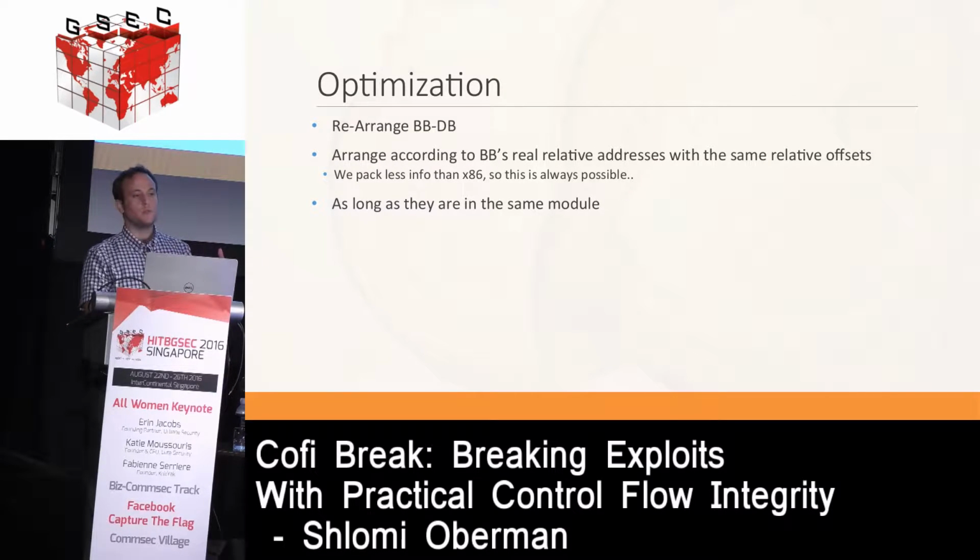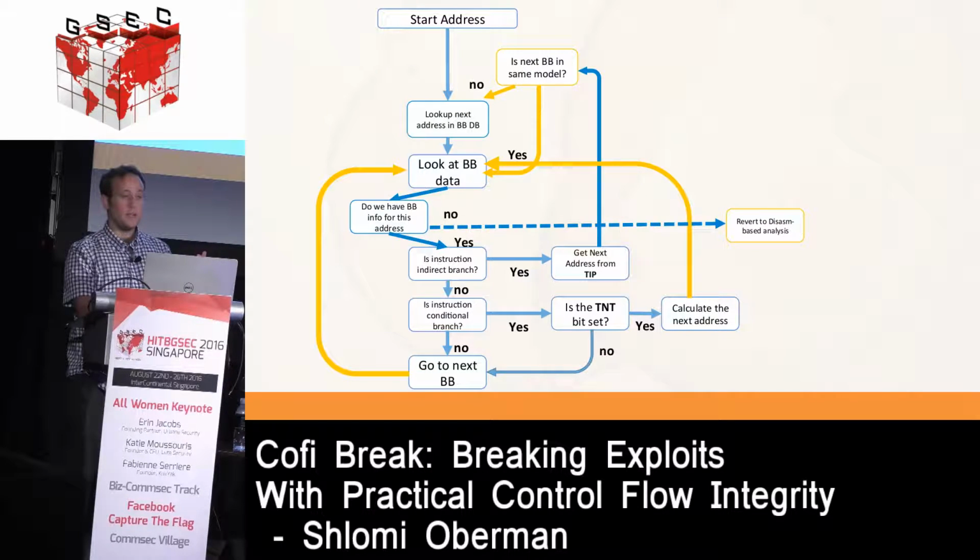This is always possible since we're storing less information in the basic block than the original basic block itself. We're storing the branch, but we're not storing all the superfluous disassembly. We do this as long as the basic blocks are in the same module. So for every module, we store the basic blocks in the same order and the same distance as before.